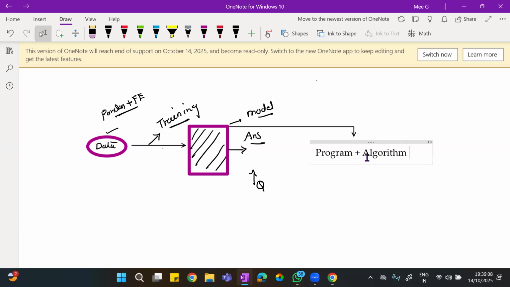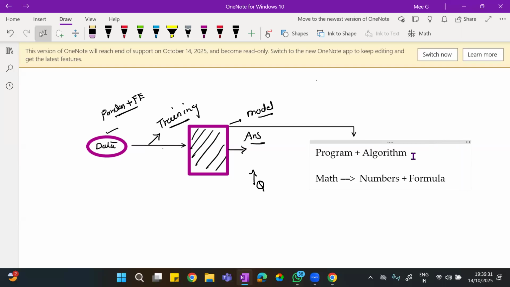Now, what is an algorithm? There is something called mathematics. We know it, maths. Maths deals with numbers, and you apply formulas over here.